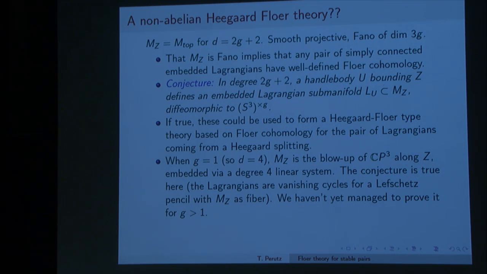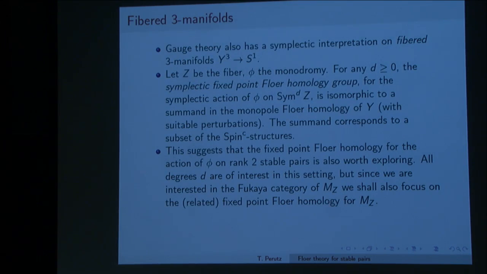And one can construct those just as vanishing cycles for a Lefschetz pencil with fiber M_Z, which is easy to exhibit. Okay, so we haven't got there yet for genus greater than 1. We have a couple of strategies. Okay. So that sort of concludes the part of the lecture that's about aspirations.